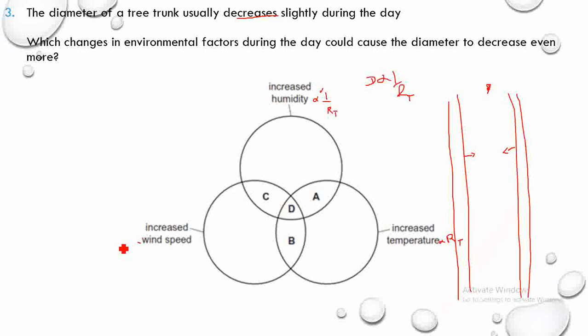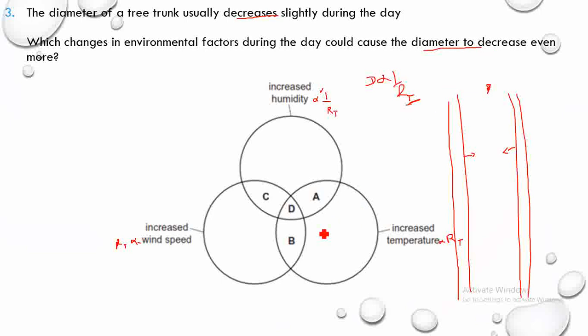Wind speed is also directly proportional to the rate of transpiration, guys. So what we are looking for is which of these factors causes high transpiration, because high transpiration causes a decrease in the diameter of the trunk of trees.